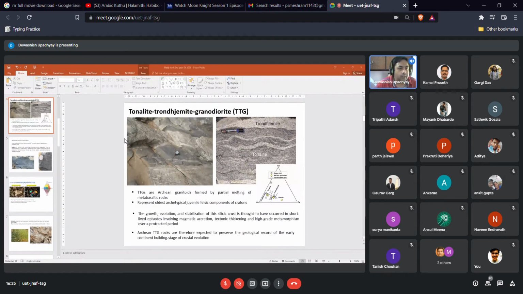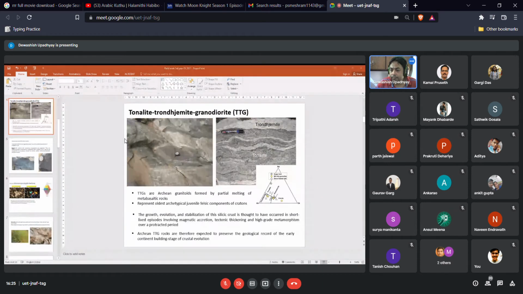So can you see it now? It is on the TTG screen. How do I make it full screen? Can you see the pointer now? Can you move the cursor once again?